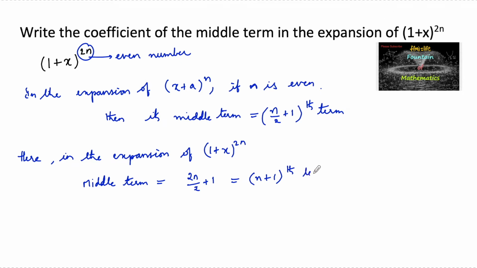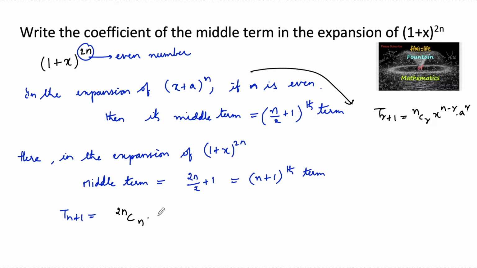So by using the general term, T(n+1): since we know that for the expansion (x + a)^n, T(r+1) is equal to nCr x^(n-r) a^r, here in the expansion of (1 + x)^2n we can write 2nCn, 1^(2n-n), that is 1^n, into a^n, that is x^n, that is 2nCn x^n.